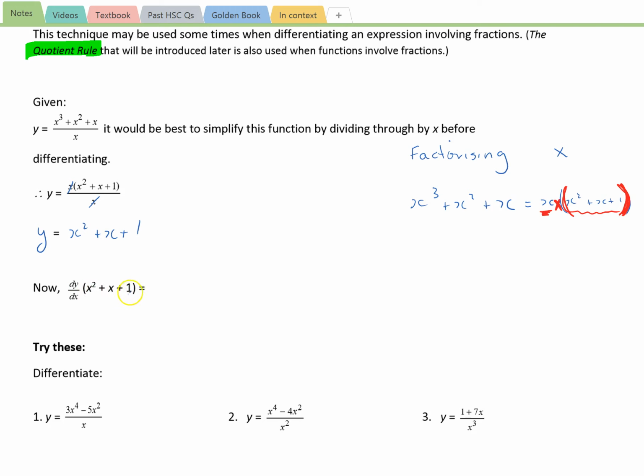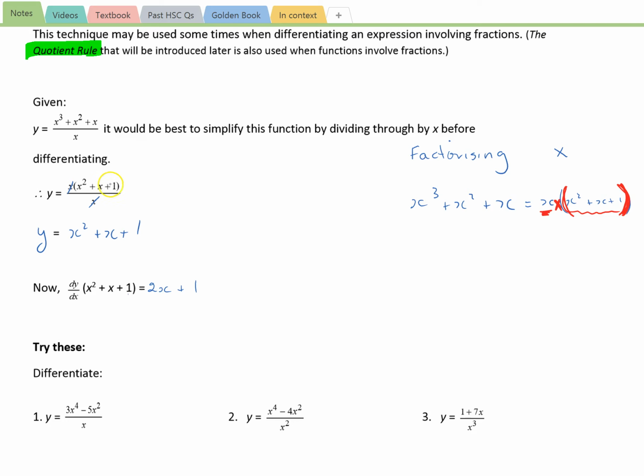It's nicely in a format where we bring the 2 to the front, and remember I'm not needing to write dy by dx because I am now actually carrying out the differentiating process, which is bring the power to the front, subtract 1 from the power. Do the same with the next term, and we get 2x plus 1.